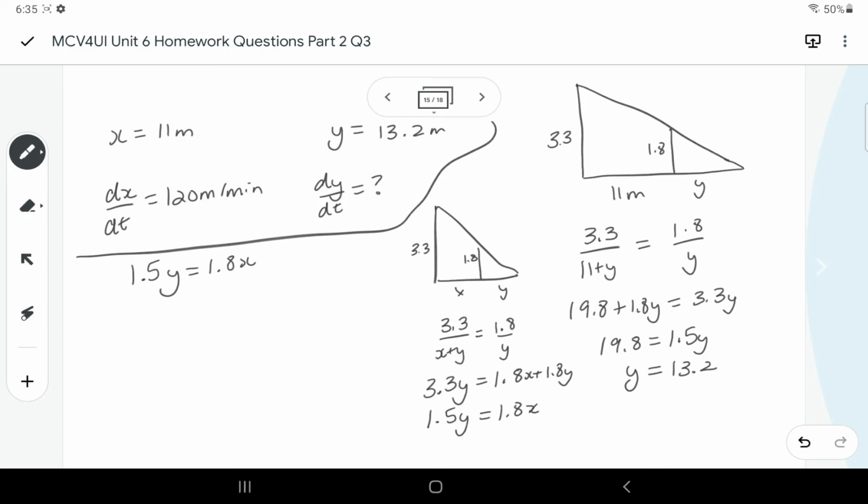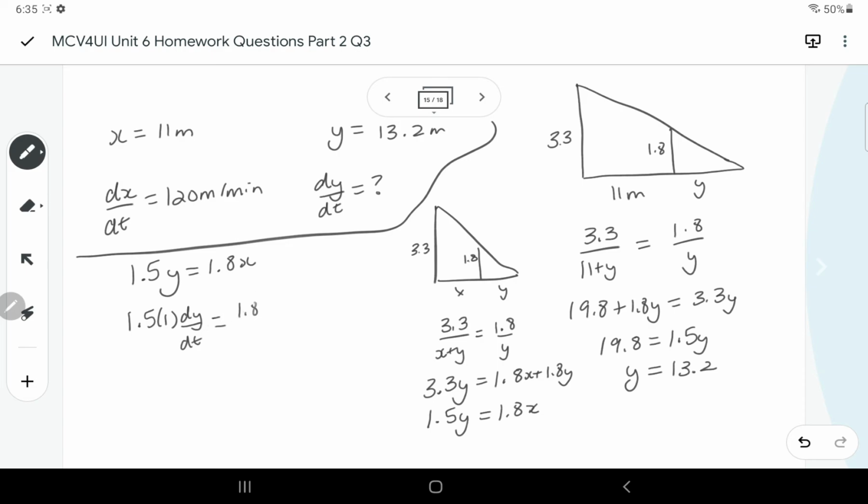Now we can do the derivative of this, and what we're going to want to find is dy/dt. Taking the derivative of the left side, 1.5y, that's 1.5, and the derivative of y is just 1, but y is a function of time, so dy/dt.